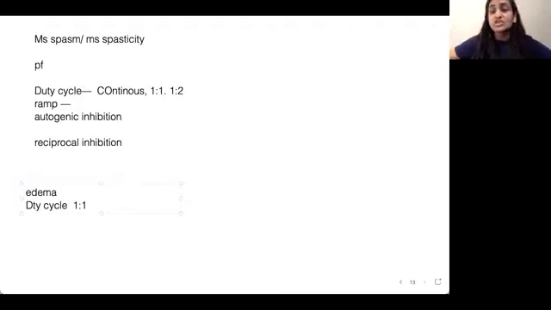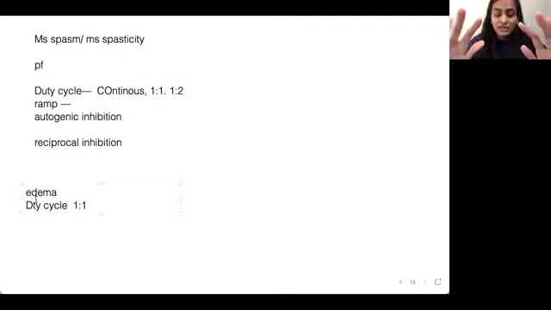Equal contraction, relaxation is causing the pumping effect, and it's going to help in improving the circulation, pushing the fluid back. So that is why for edema, everything else remains the same. It's just that your duty cycle is going to be equal contraction, equal relaxation, 1 to 1. Again, you don't really need a ramp with edema, right? You don't need to see that great contraction up there.